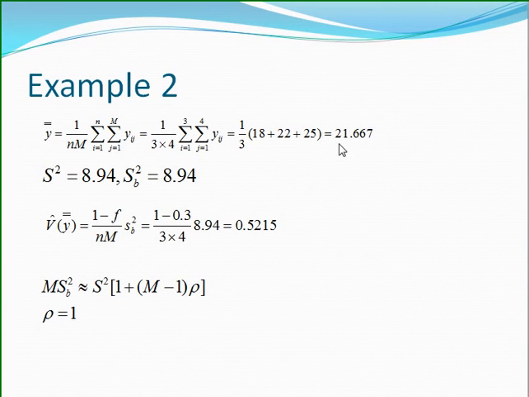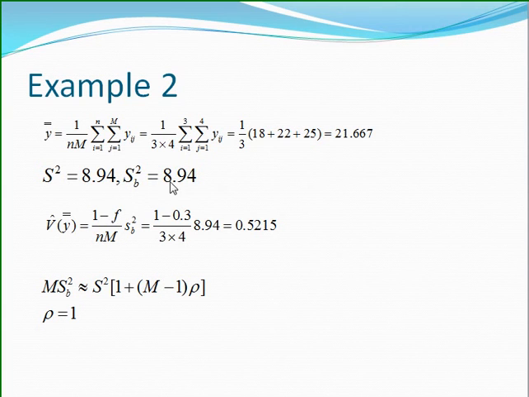S square in this sample is 89.4, and the S_B square is also 89.4, which is equal to S square, because S square is all the difference inside this sample. There's no difference inside the cluster, so all the difference is caused by the difference between the clusters.